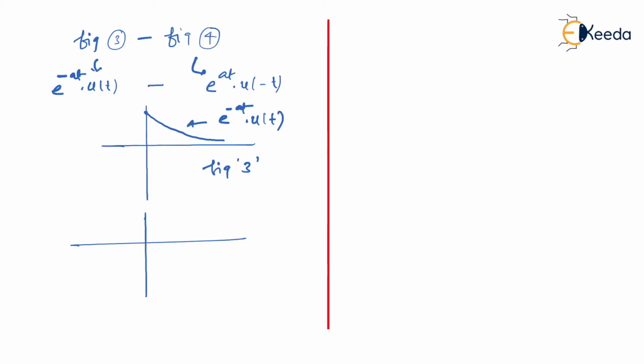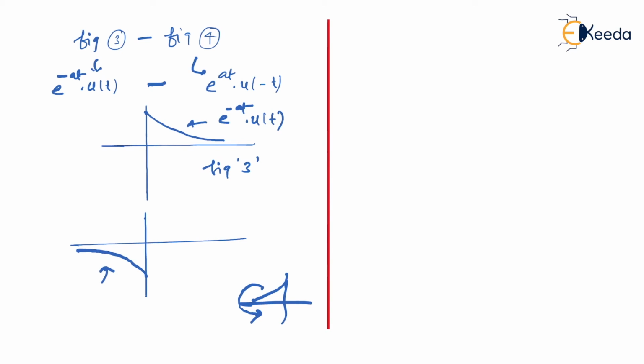Now e to the power a t u of minus t had this type of characteristic, right? But if I negate this, it gets reflected to the downward side. Therefore, I'll get this type of characteristic.